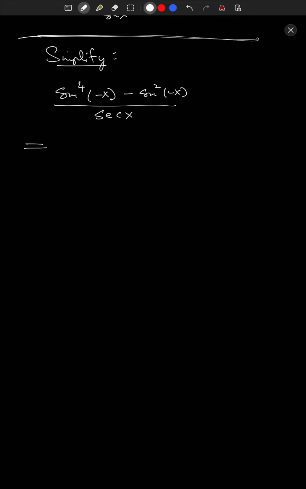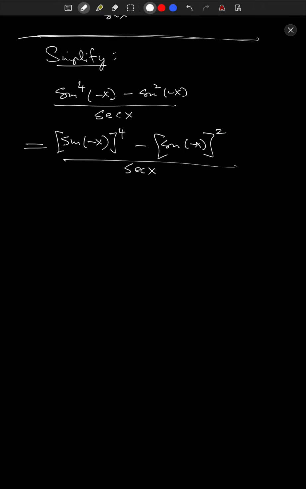All right. So for example, I know that sine is odd, right? So this sine to the fourth of negative x, let me do this in two steps just to avoid some confusion. This is sine of negative x, whole thing to the fourth, right? That's literally what that notation means. And this here is sine of negative x, whole thing squared, over secant x.